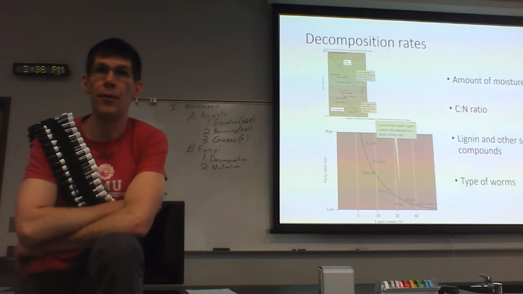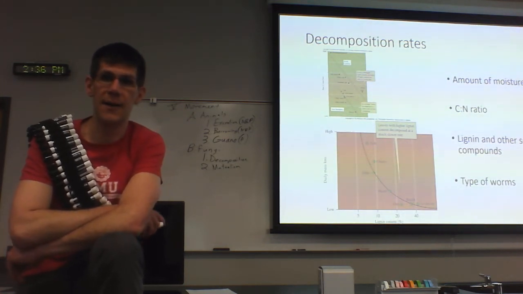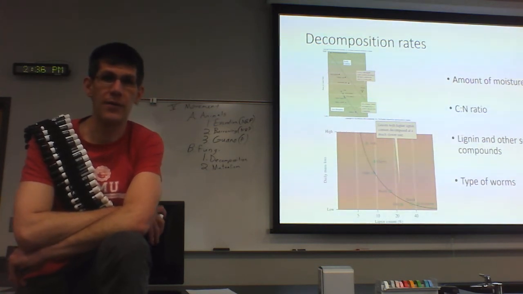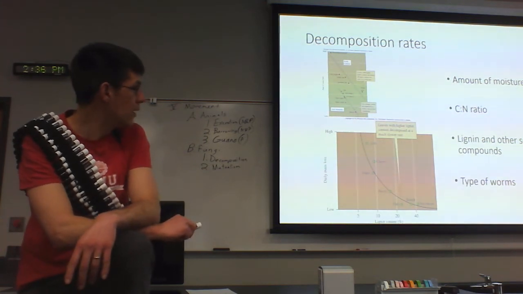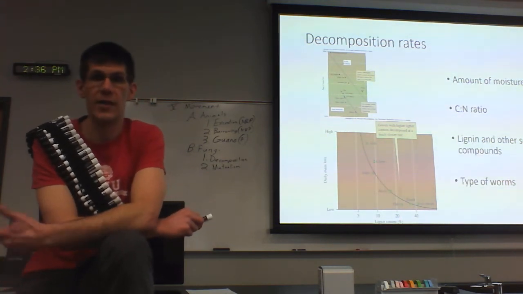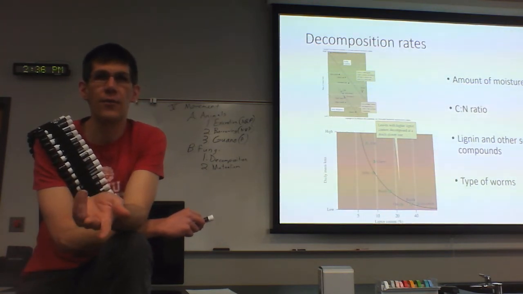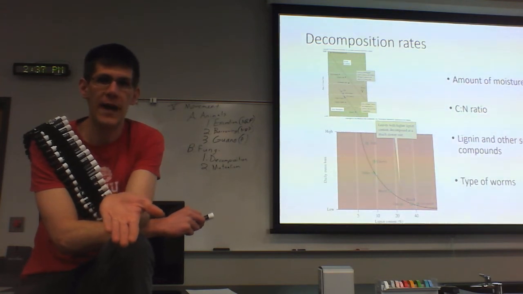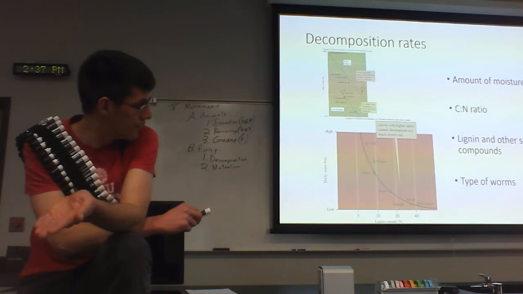So, for example, if I were to drop some tree branches into my compost, they will degrade more slowly than the remainder of the compost because they have a higher carbon to nitrogen ratio, so that's going to affect their decomposition rate. Lignin is also in there, and other secondary compounds like cellulose or like pine sap. So these things are also present in the wood, and that's going to change the rate of decomposition. So certain things are going to decrease the rate of decomposition.